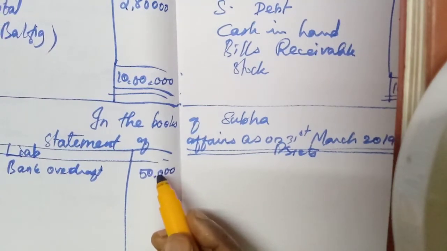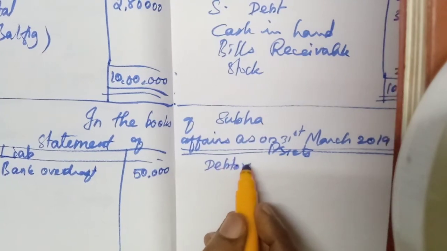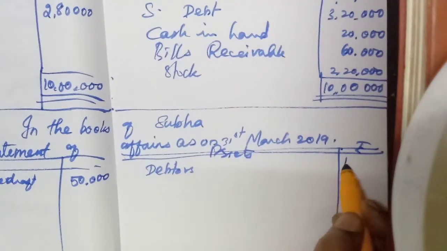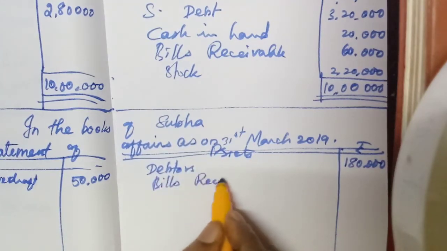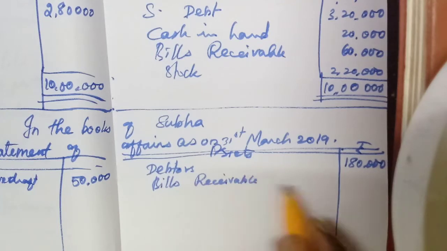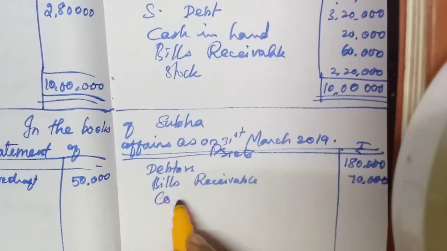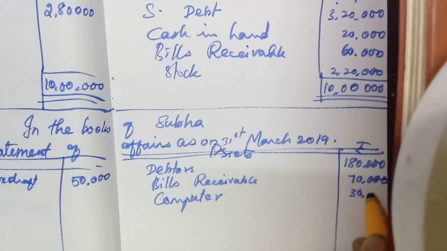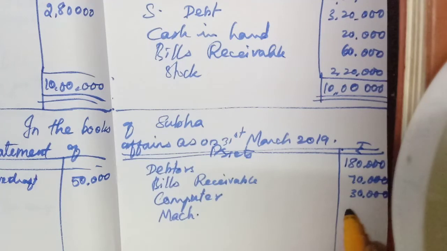Okay, then debtors. It is asset. Debtors 1,80,000. Next one, bills receivable 70,000. Computer, asset, isn't it? Computer 30,000. Machinery 3 lakh.